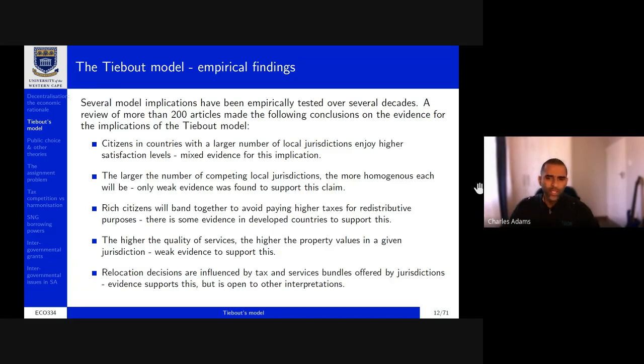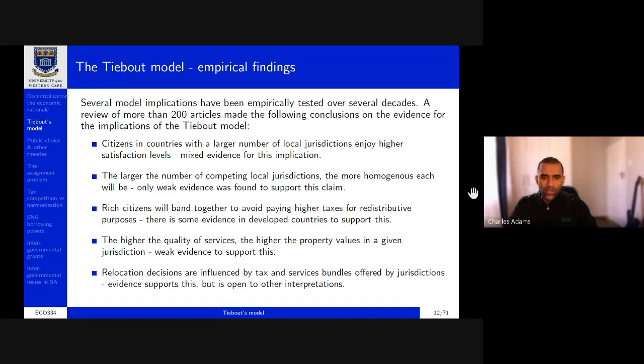This will probably vary across countries based on different contexts, right? Some countries will have a more consistent level of quality of public services across jurisdictions, regardless of the income distribution across those jurisdictions.